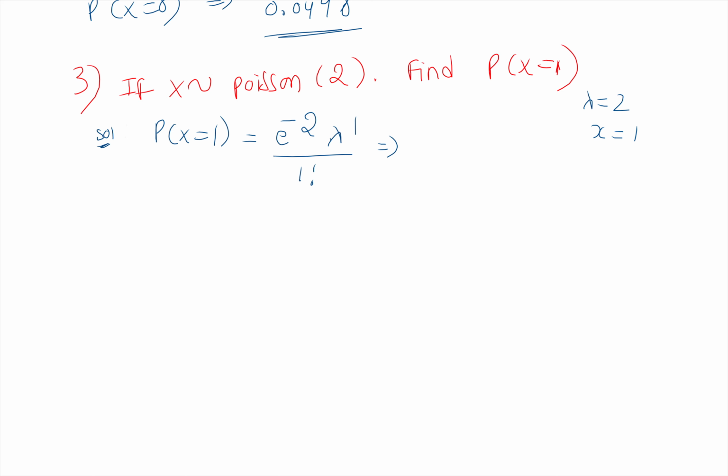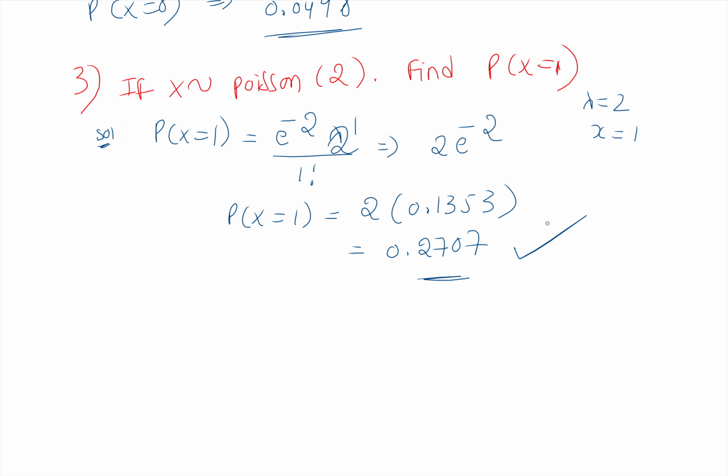Lambda means 2, and 1 factorial means 1, so we get 2 into e to the power of minus 2. The e to the power of minus 2 value is 0.1353. Then we get 0.2707, which is our required answer.